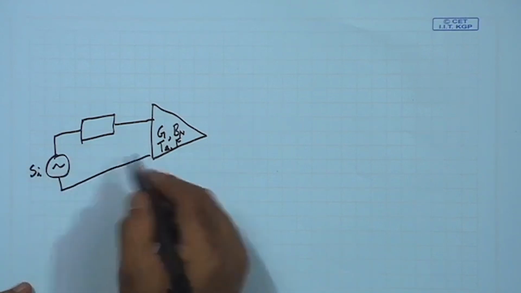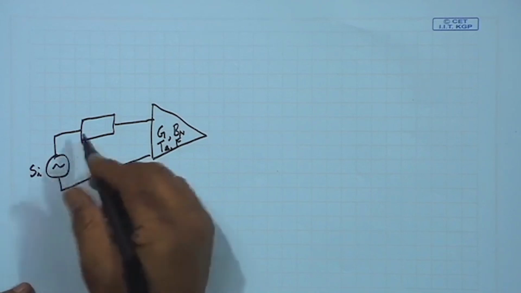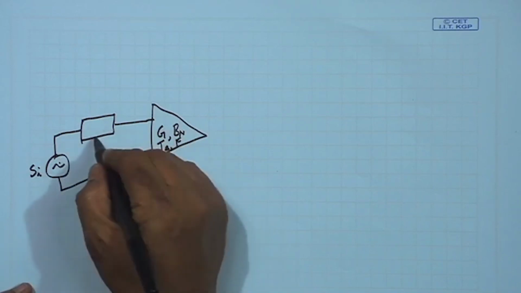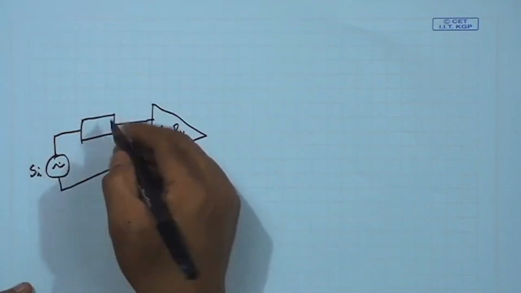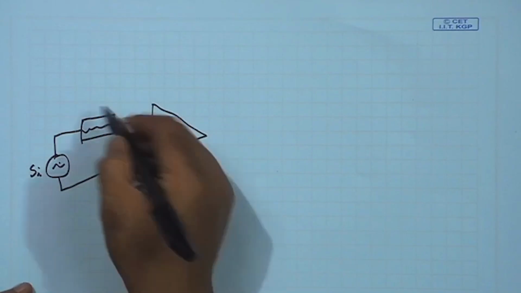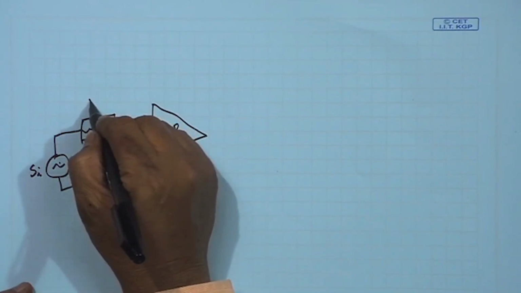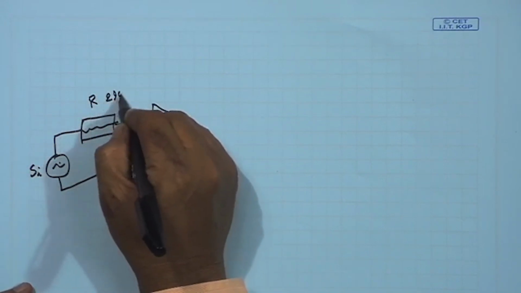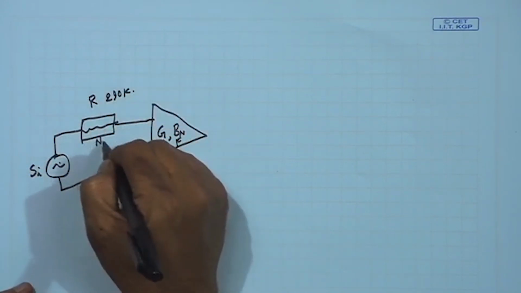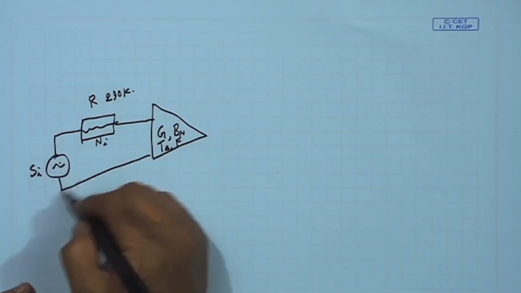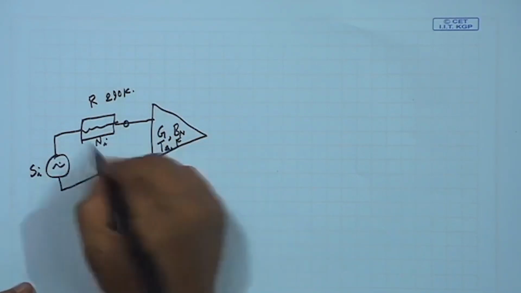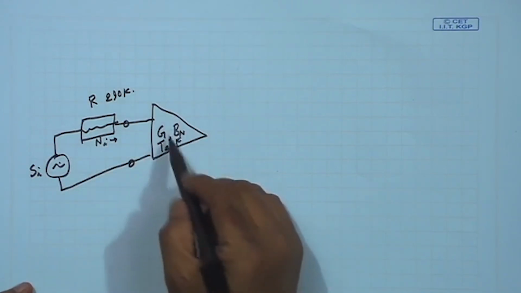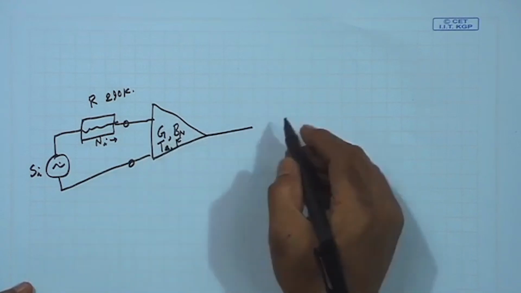Whatever source resistance we have, whatever noise it produces, because this will also produce noise, in abstract we say there is a resistance here whose temperature is 290 degrees Kelvin, and this whole source part is giving an Ni. Then the amplifier will be adding noise.